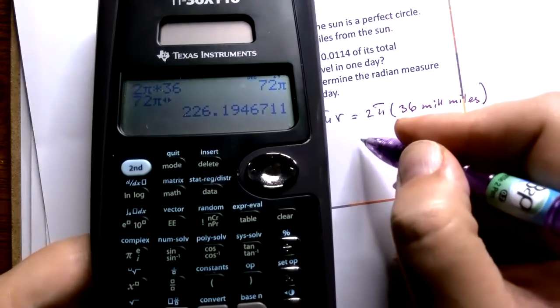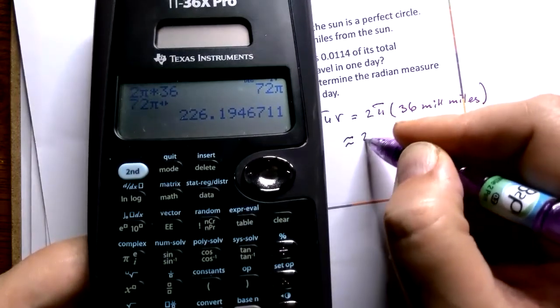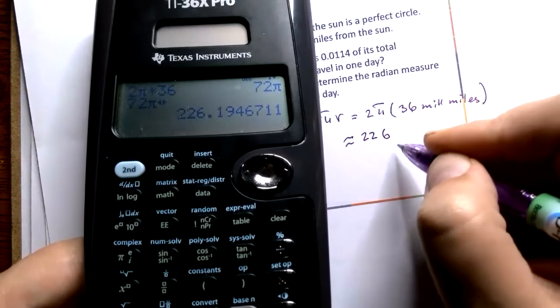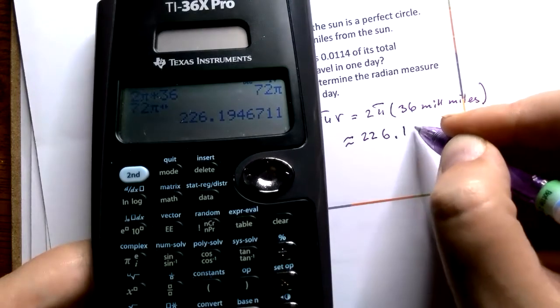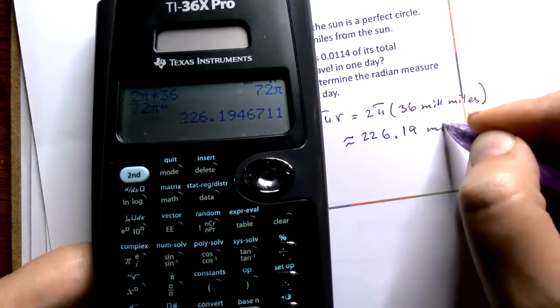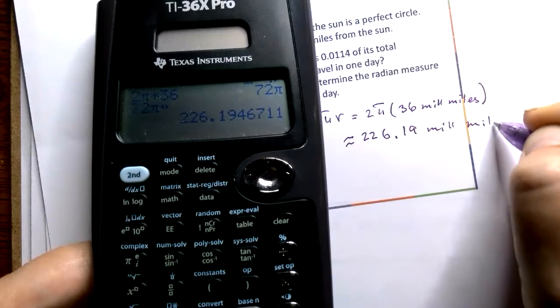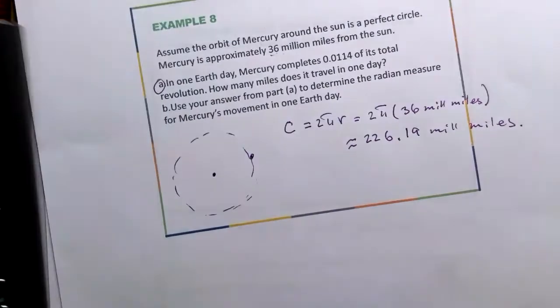All right, so it is about 226.19 million miles. But that's the full circle around, right?